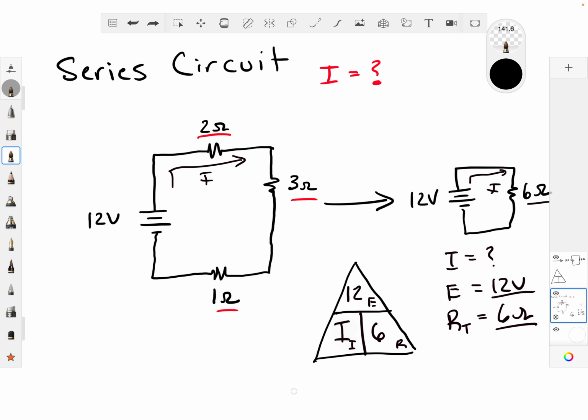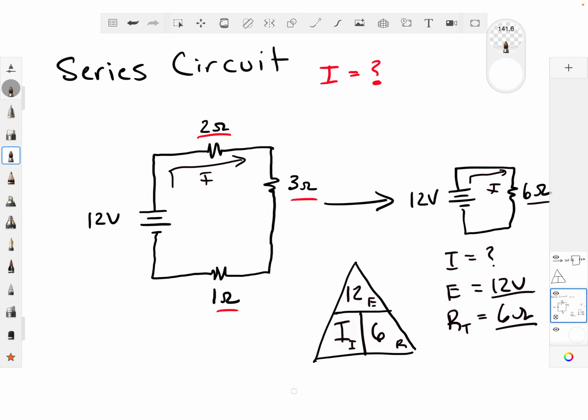If I'm looking for my voltage and I have my current and my resistance, that's the only exception. So I'd cover up my voltage, and I would multiply I times R, or my current times my resistance.